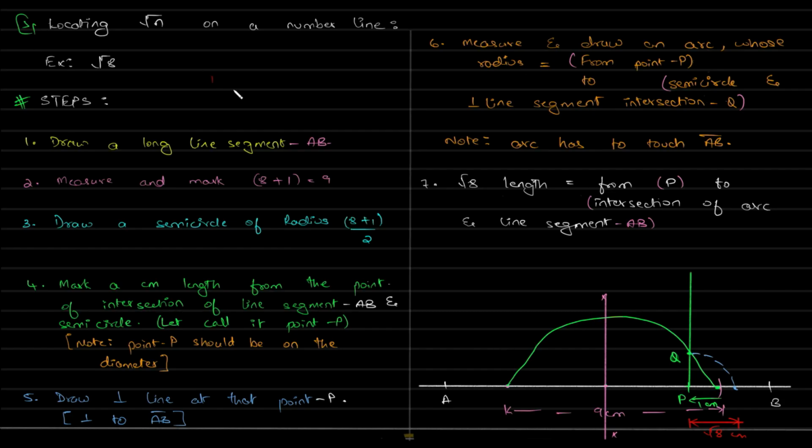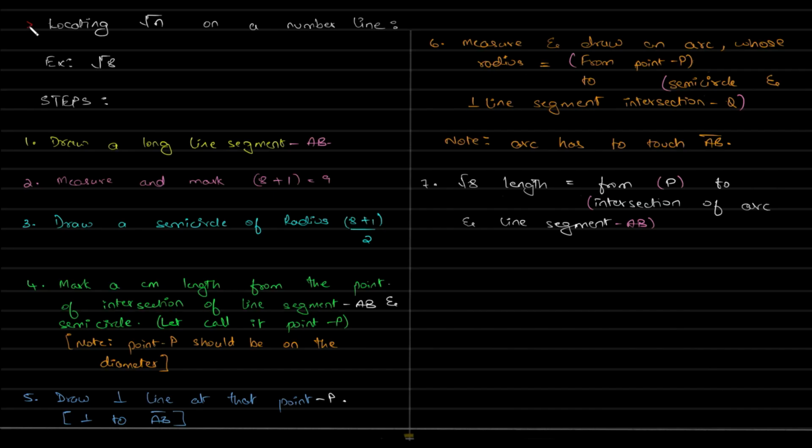So now if we have to repeat the entire procedure, the steps go like this. First is you need to draw a line. Next is measure 8 plus 1, in this case 9 centimeter, and draw a perpendicular bisector and find the center.